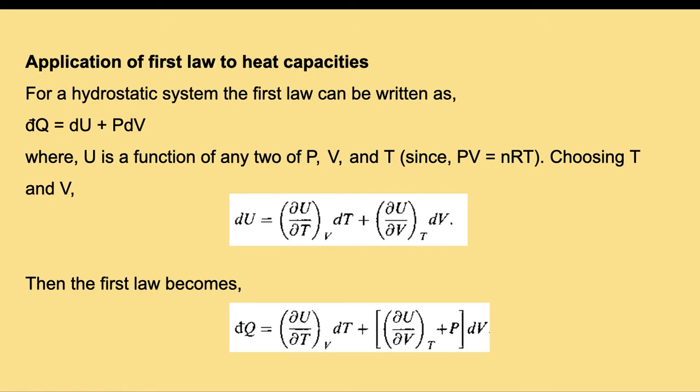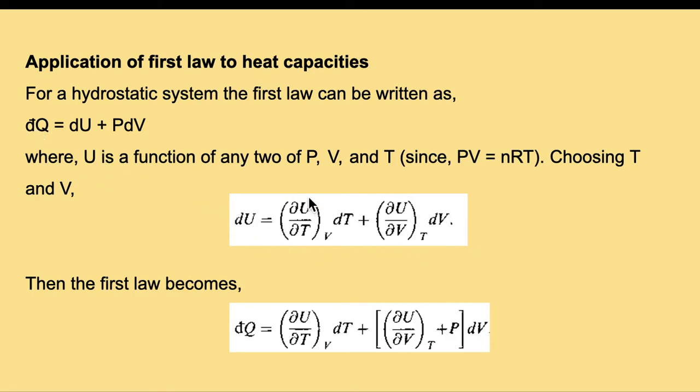And if you are considering the system as an ideal gas, then U will depend only on T. So you can write dU equals ∂U/∂T at constant volume into dT plus ∂U/∂V at constant temperature into dV. So now in place of this dU, you are substituting this expansion.